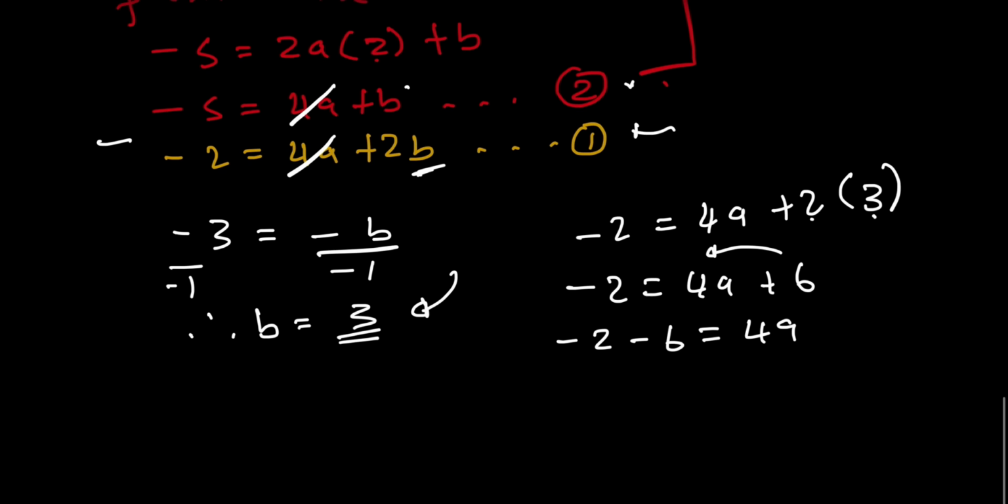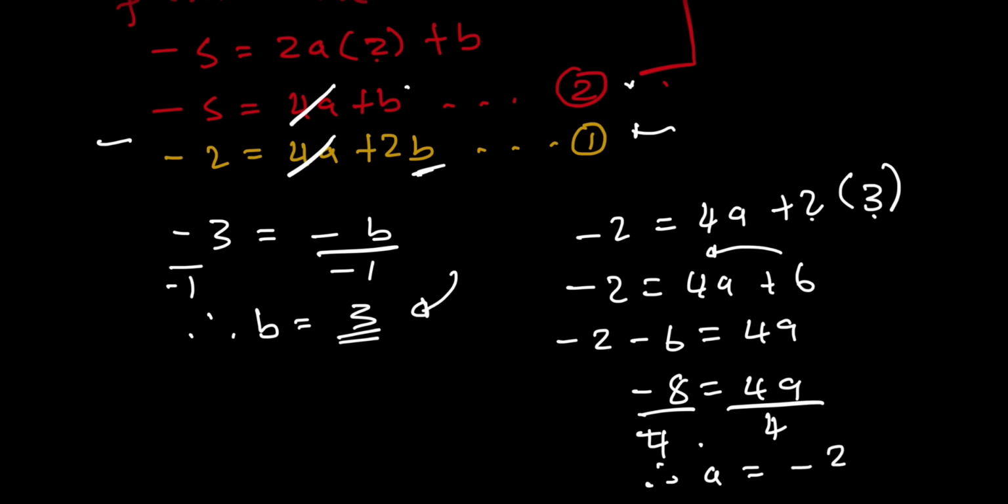And therefore minus 2 minus 6, that's going to be minus 8 equals 4a. And then you can divide both sides by 4. Therefore, the value of a is equal to minus 2. So we have now the value of a and the value of b. So that is how we can find those variables a and b.